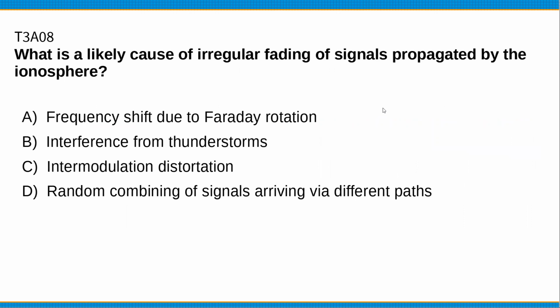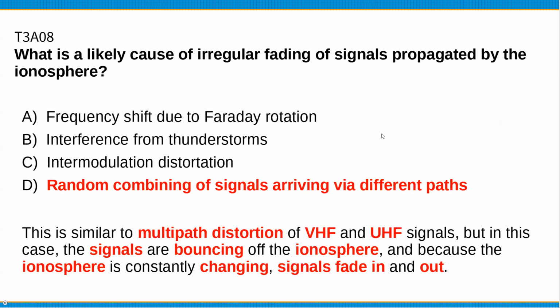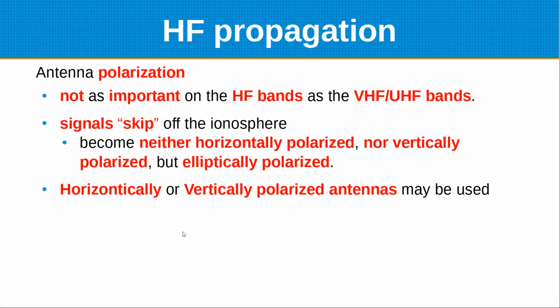What is the likely cause of irregular fading of signals propagated by the ionosphere? Okay. Kind of multipath. Polarization. On the HF bands, it isn't nearly as critical as it is on VHF and UHF.